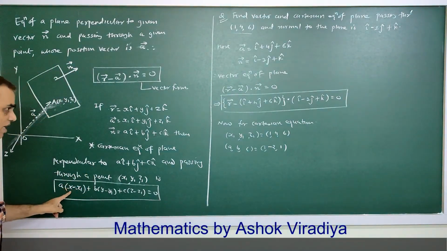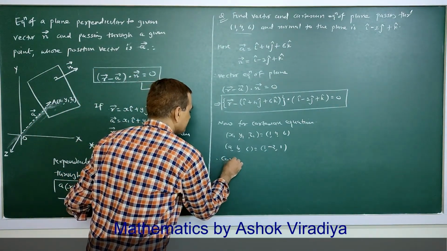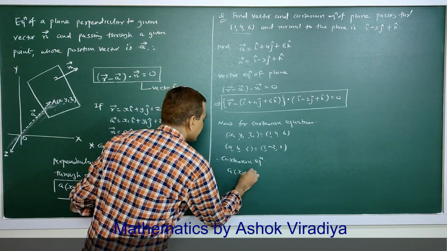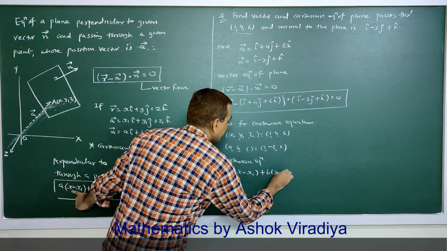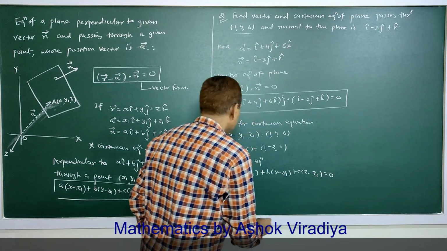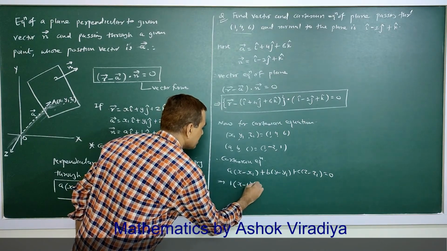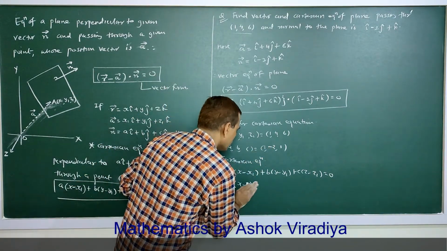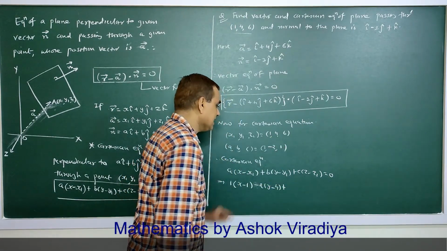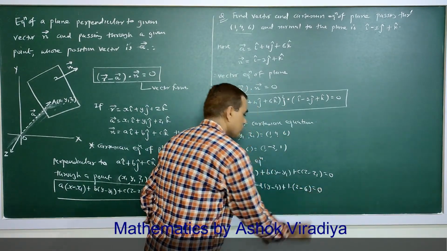Now I am putting this formula. So Cartesian equation is a into x minus x1 plus b into y minus y1 plus c into z minus z1 is 0. That means a is 1 into x minus x1, plus b is minus 2, so minus 2 into y minus y1, which is 4, plus c is 1 into z minus z1, which is 6, equal to 0.